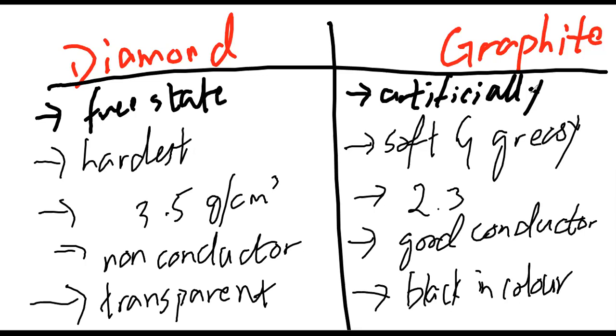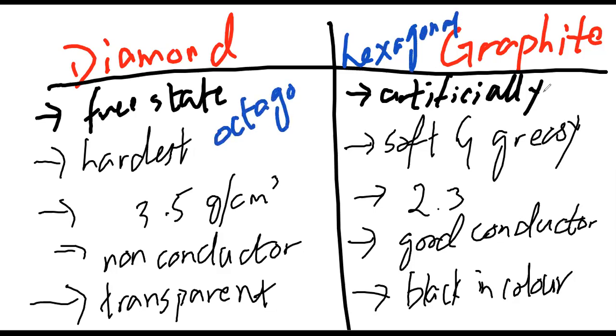The crystals of diamond are octahedral, and the crystals of graphite are hexagonal. Octahedral means 8 faces, hexagonal means 6 sides.